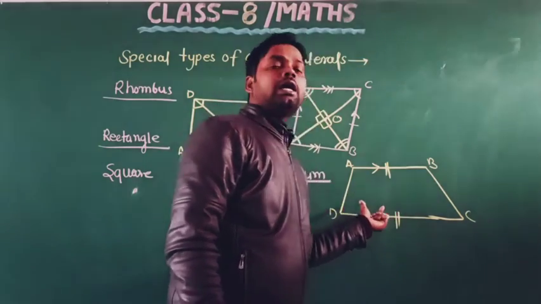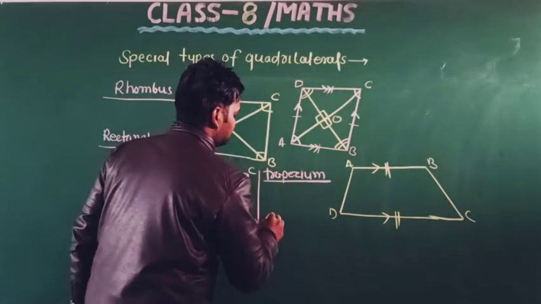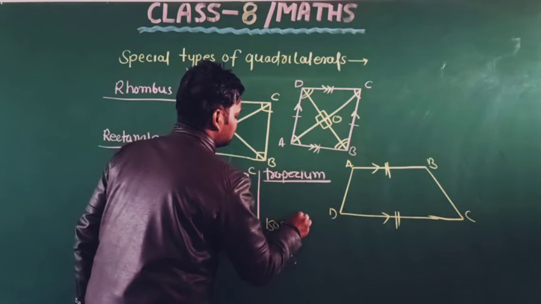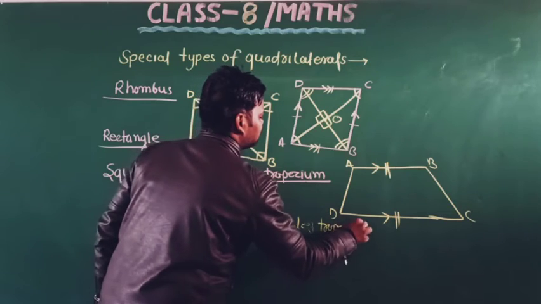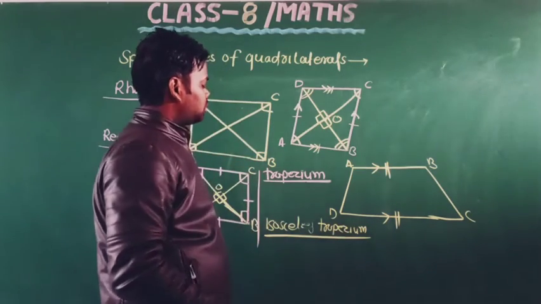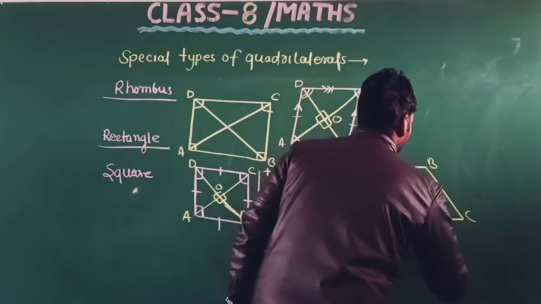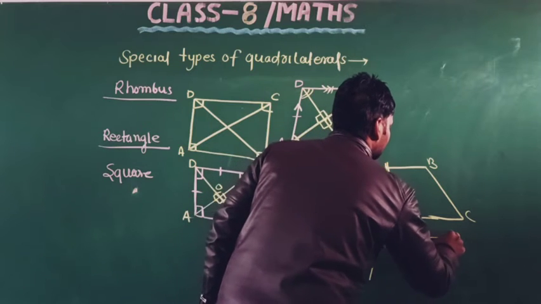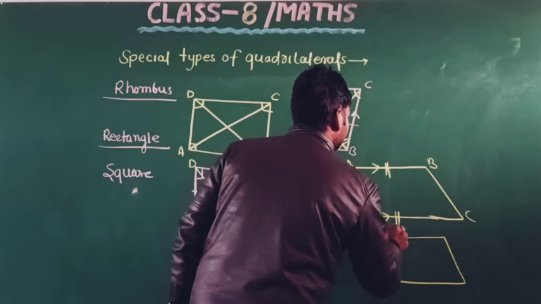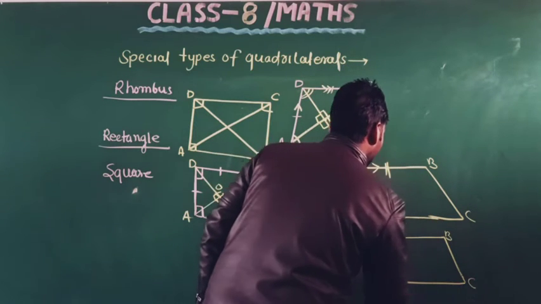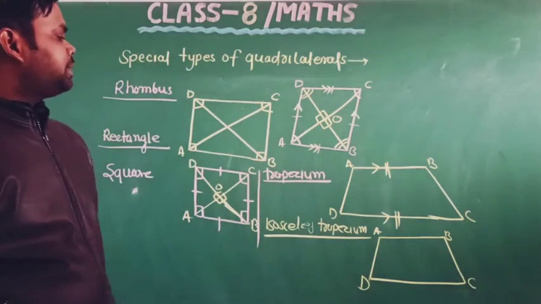The other two sides are unequal, and a trapezium is called an isosceles trapezium if its non-parallel sides are equal. If its non-parallel sides are equal, then the quadrilateral is called an isosceles trapezium.